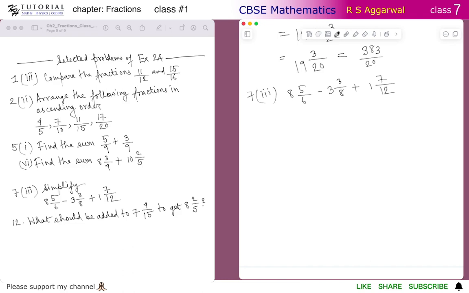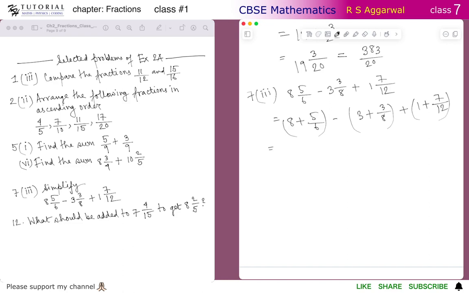Now it's better to split the mixed fractions into the natural number plus the proper fraction, like this equals 8 plus 5 by 6 minus, this is 3 plus 3 by 8, plus 1 plus 7 by 12.